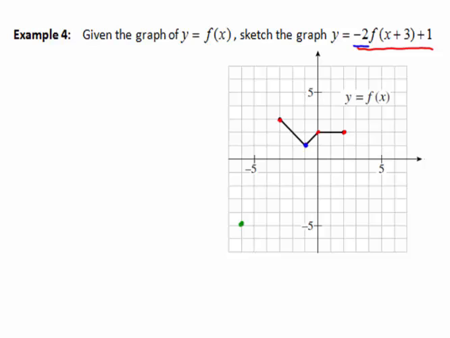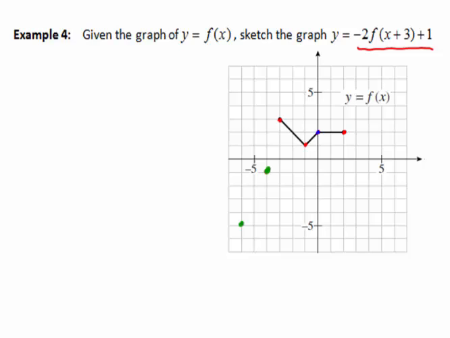The reflection puts it to here, multiply by 2, we're at this point. Now we translate 3 to the left, 1, 2, 3, and 1 up, which puts us right here, and there is that new coordinate.